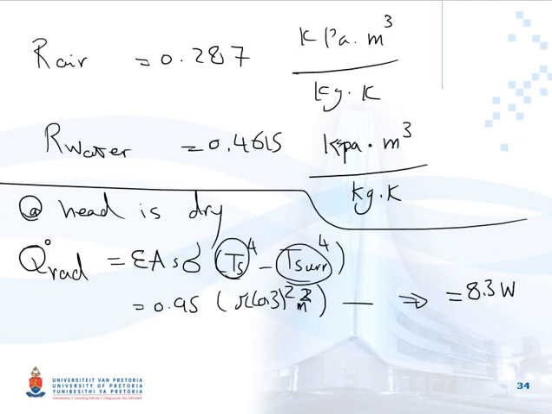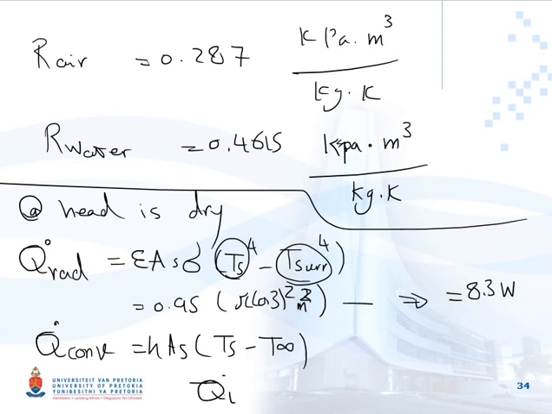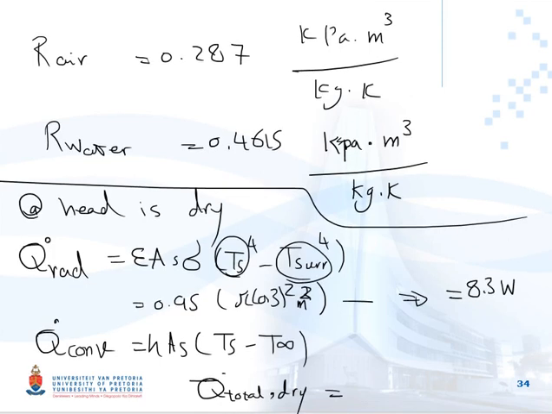Okay, in order to find Q dot of forced convection, we know that Q dot of convection is h A_s (T_s minus T infinity), and Q dot total when the head is dry will be Q dot radiation plus Q dot convection.